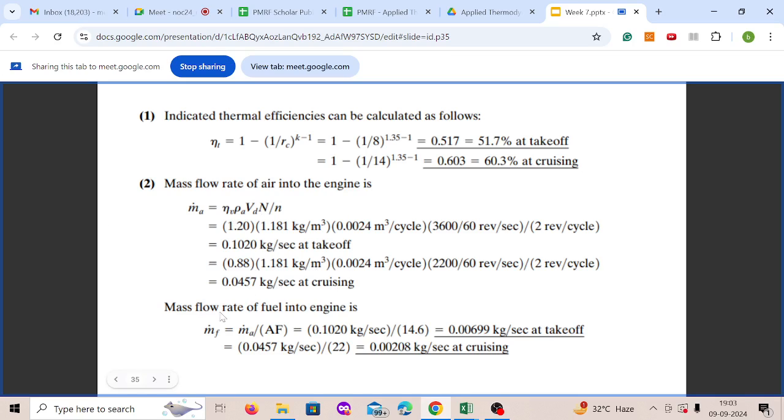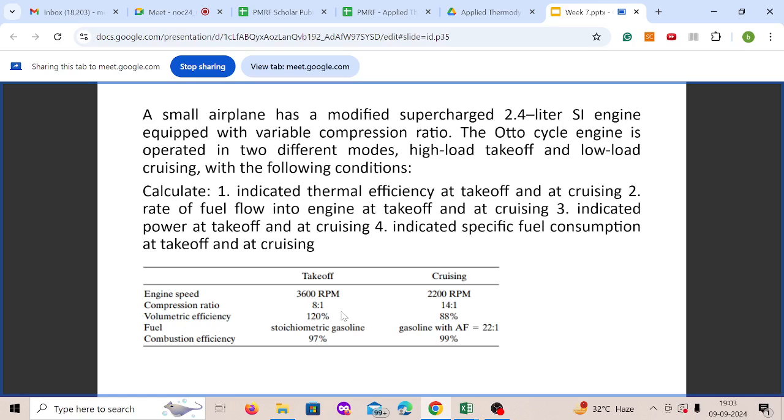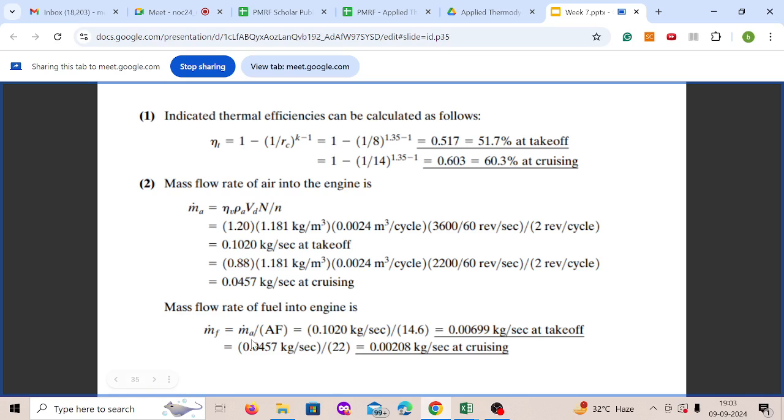So the mass flow rate of fuel into the engine is m dot A divided by the air fuel ratio. The stoichiometric gasoline air fuel ratio is 14.6. So m dot F is 0.00699 kg per second at takeoff.